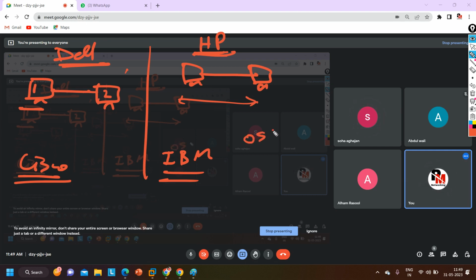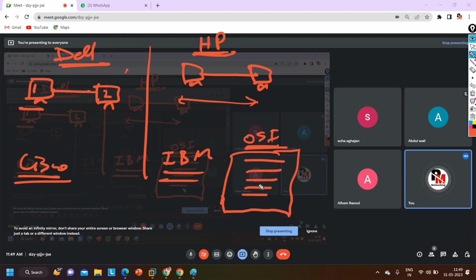So the OSI model is a common blueprint. One organization designed one common process of communication, and they distributed this blueprint to all vendor companies and told them that if you want to connect your devices to the internet, then you have to follow this method only.